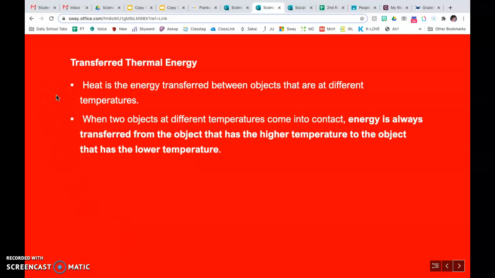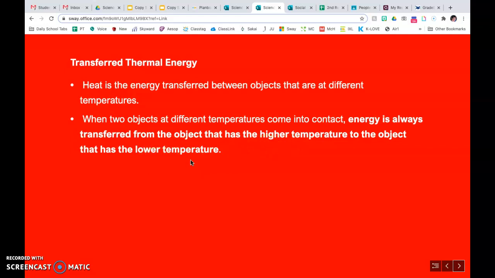So heat is the energy transferred between objects that are at different temperatures. When two objects at different temperatures come into contact, energy is always transferred from the object that has the higher temperature to the object that has the lower temperature.